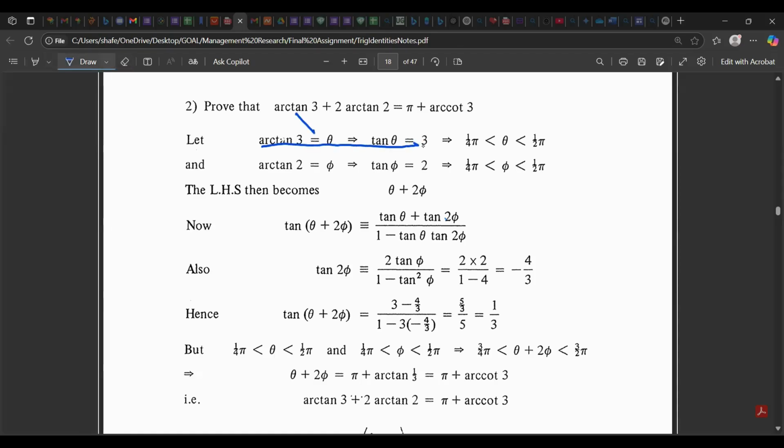Then arctan 2 is phi, therefore tan phi is 2. They also give a range of values that theta can fall into.